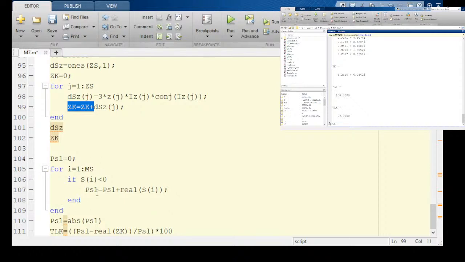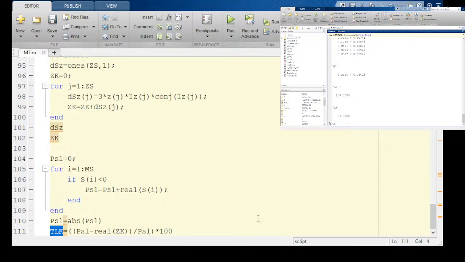I need the overall active load to calculate the real efficiency. TLK, from Latvian, lietderības koeficients, is the overall efficiency of the network. This one is the total overall efficiency of the network.